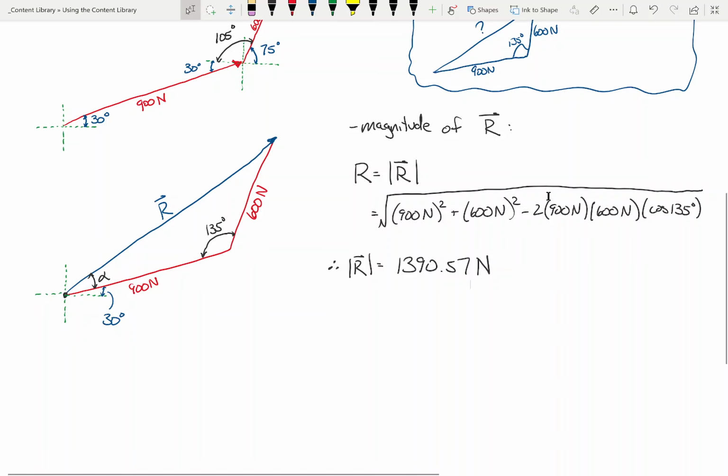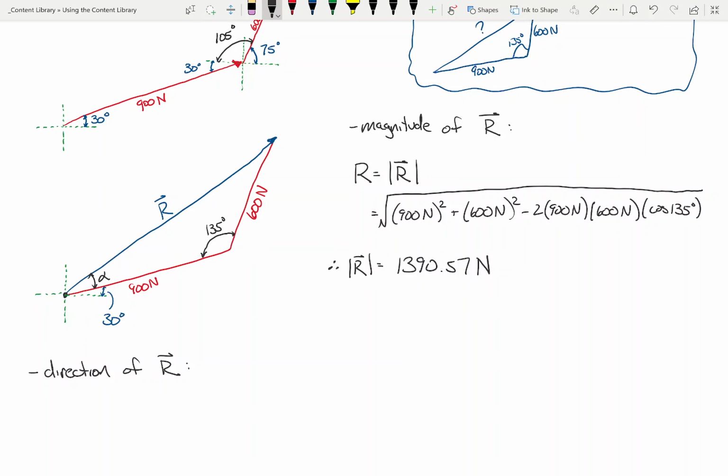Well, I propose that the direction can be characterized with this angle alpha. In other words, I have a vector, and I know it's going to be pointing about like that. But what does about like that mean? Well, it depends on what this angle is. And I propose that we can characterize this by solving for that angle.